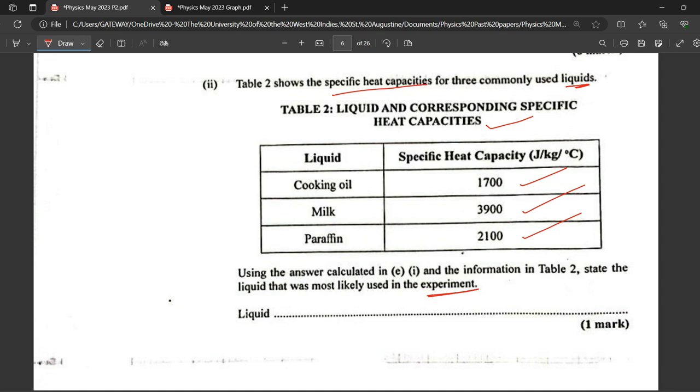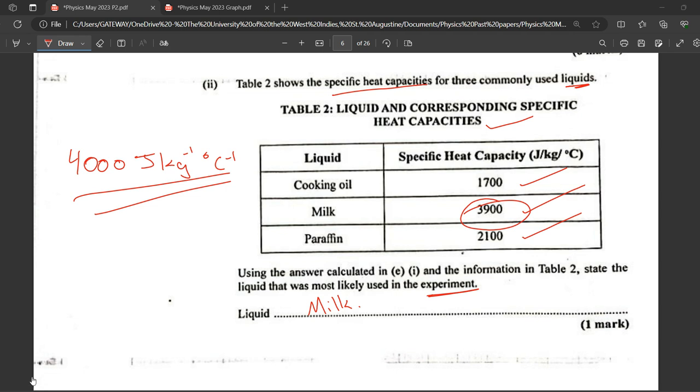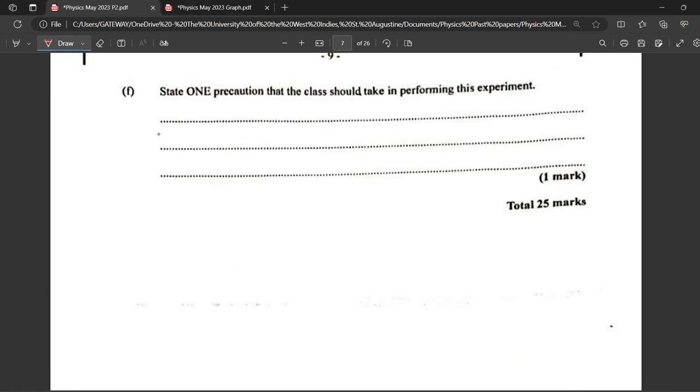Well, it will be the one with the closest value to what we got in the calculation. And we did get 4,000 joules per kilogram per degree Celsius when we wrote it to one significant figure. The closest value to that is milk, which is 3,900. So the liquid would be milk. Understand that, right?